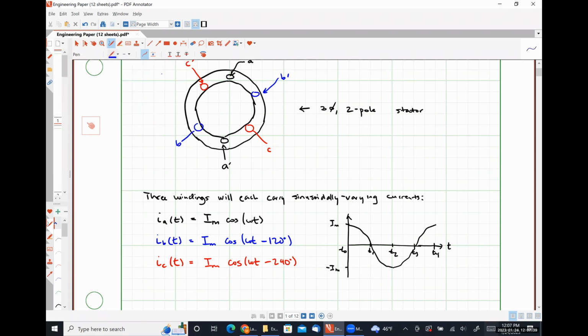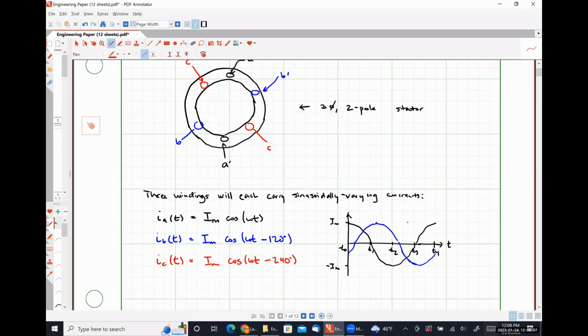My B phase current is going to look something like this. And my C phase current is going to look something like this.